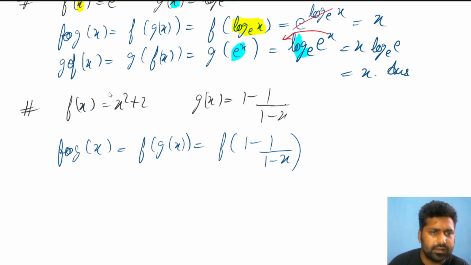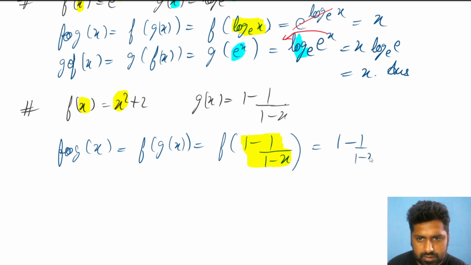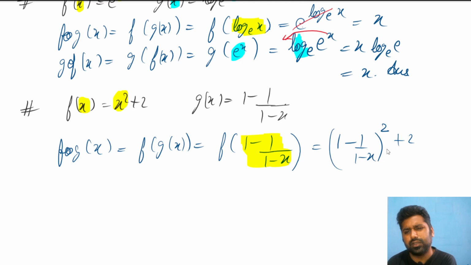Replace every x with this quantity. So if I replace x with 1 minus 1 upon 1 minus x, it will become 1 minus 1 upon 1 minus x, whole square, plus 2. We can solve this further, but that's the idea. At least you should get this expression correct.